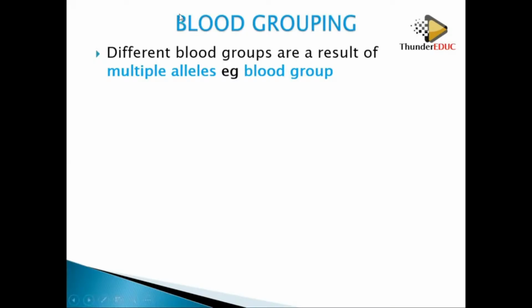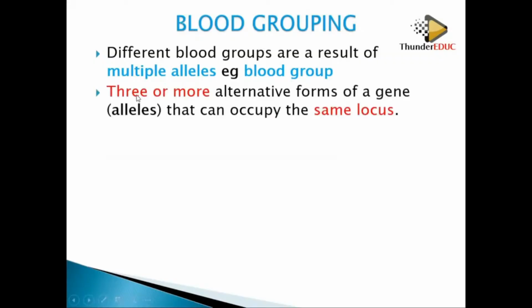But when you say multiple alleles, it means more than two. So blood group is controlled by multiple alleles. It has three or more alternative forms of a gene, that is the alleles. You have a gene, but it can exist in different forms that can occupy the same locus.